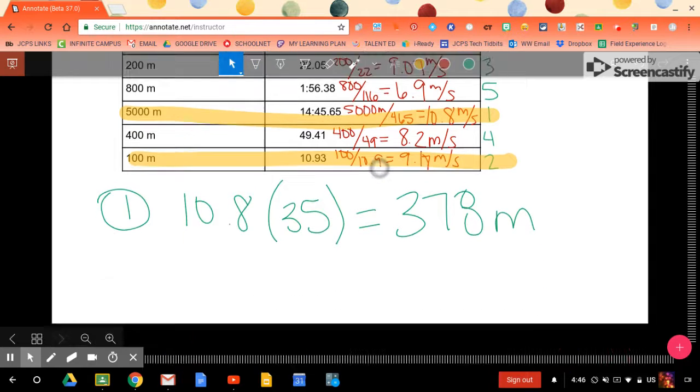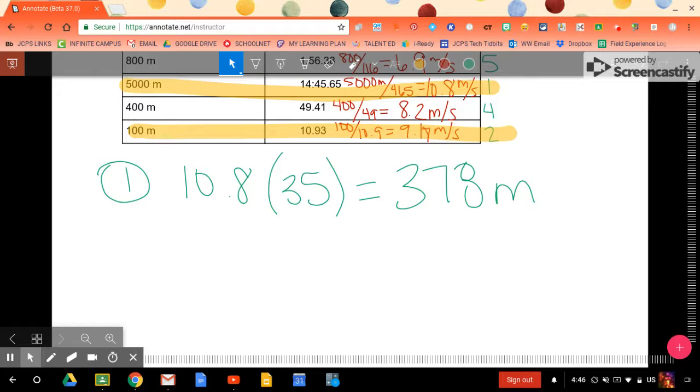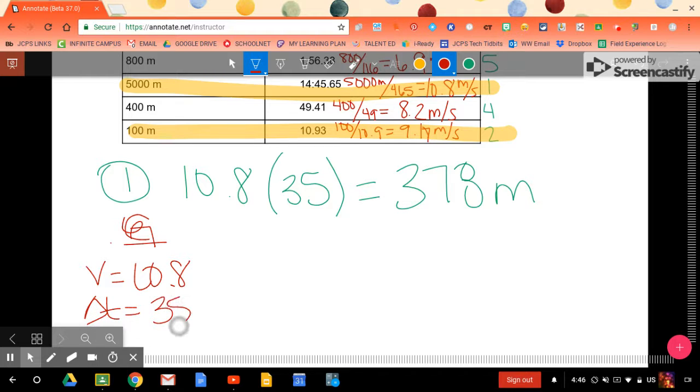So your G is your speed, and your time. Your U is your distance.